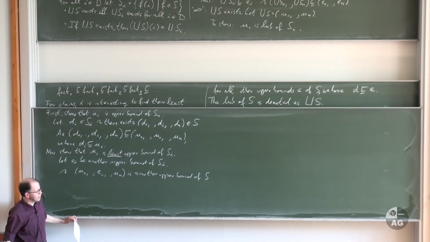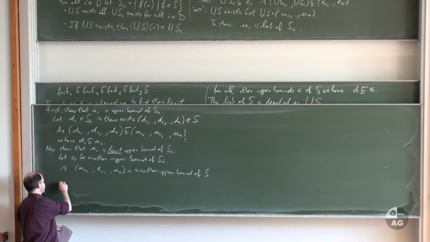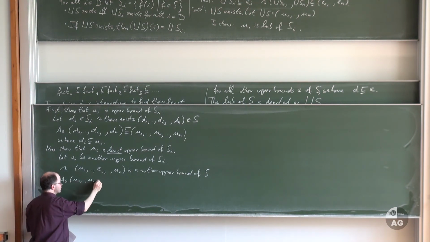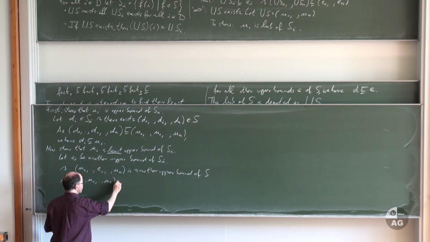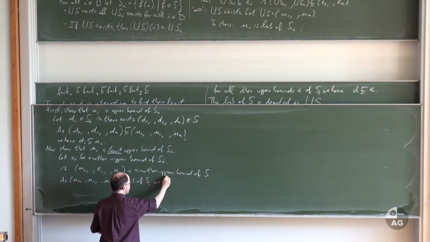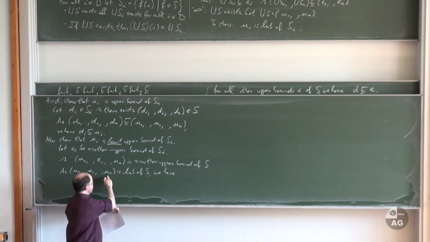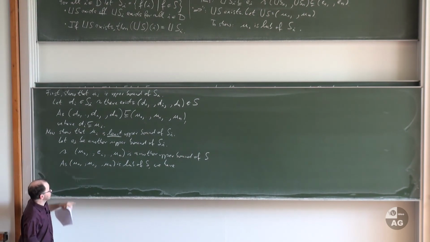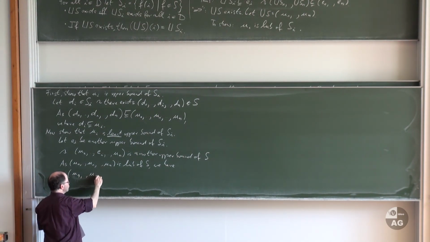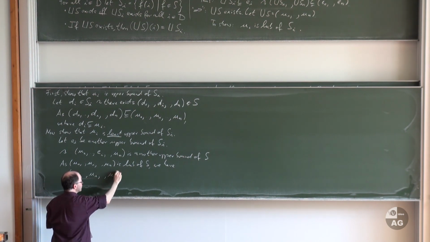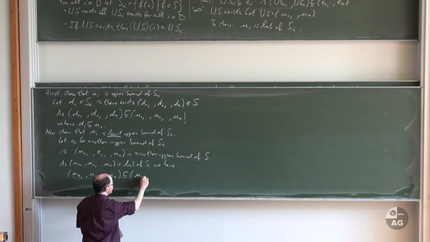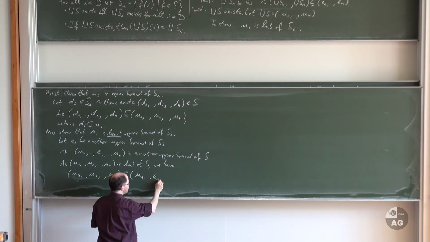But if this is an upper bound, then the least upper bound must be smaller. So since this is the least upper bound of S, we have that this thing is less than or equal than this thing. So U1, UI, UN must be less than or equal than the new one where we replaced UI by EI.